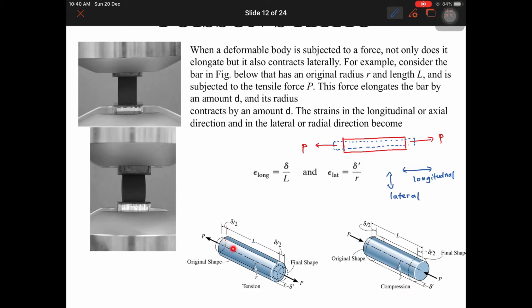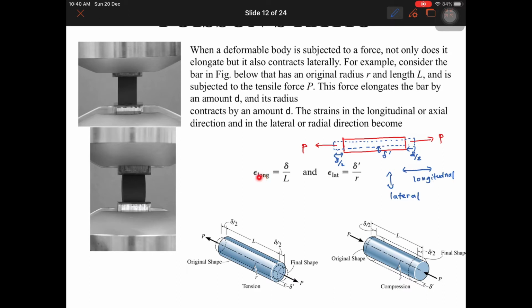It's longer by δ/2 and δ/2, and it's shorter by a radius of δ'. So this one is δ/2, this one is also δ/2, and here is δ'.